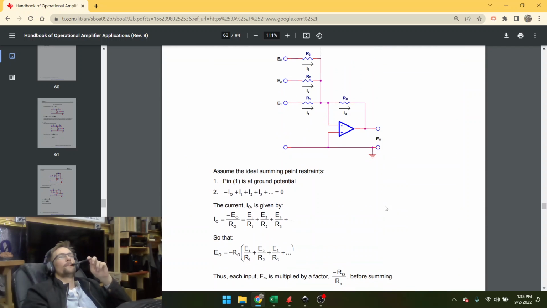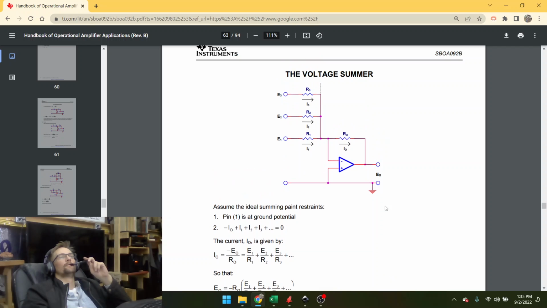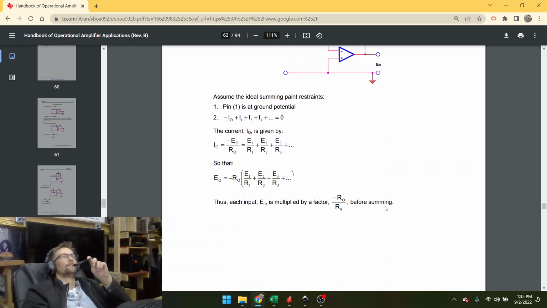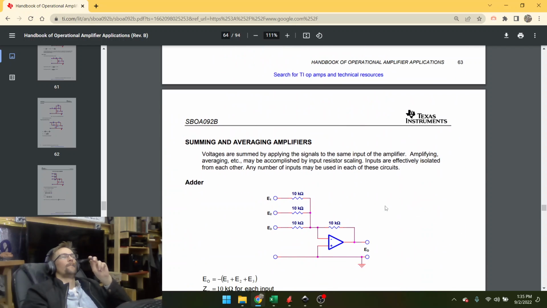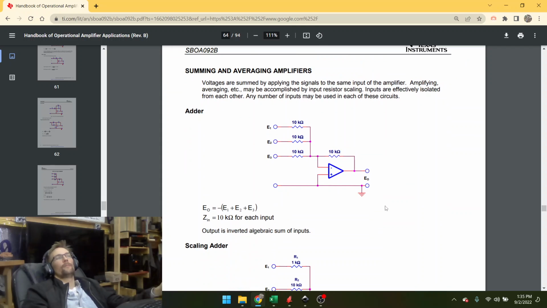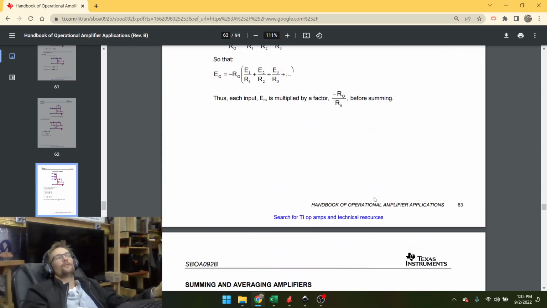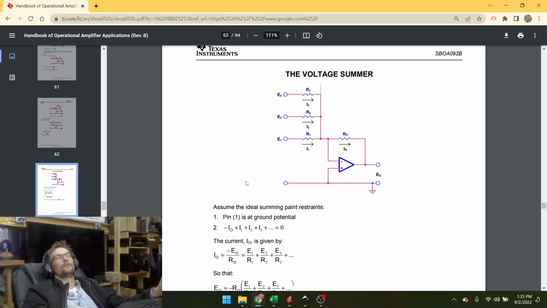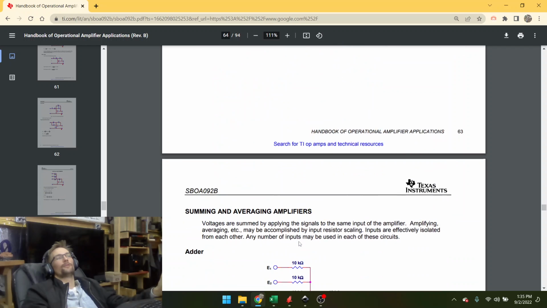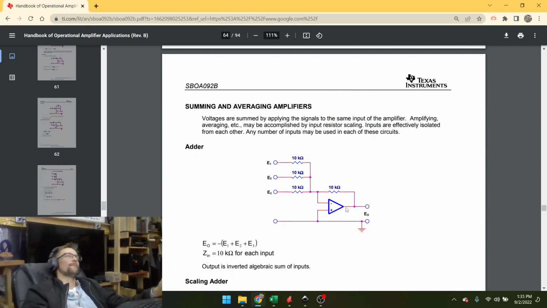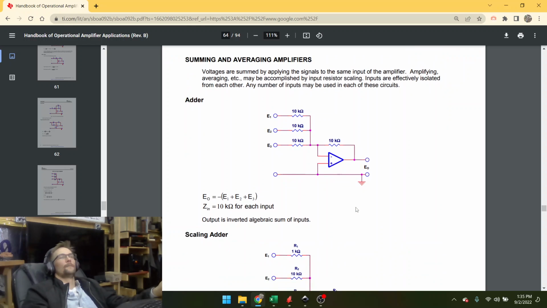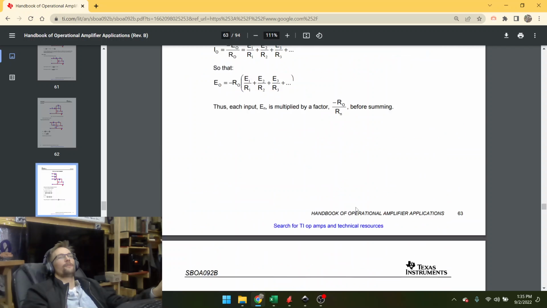Voltage sum. Sum and average. So why'd they say average? Is it just when, okay, average is just when the resistors are the same. Alright. The algebraic average, yeah.